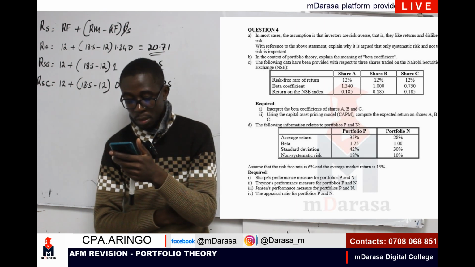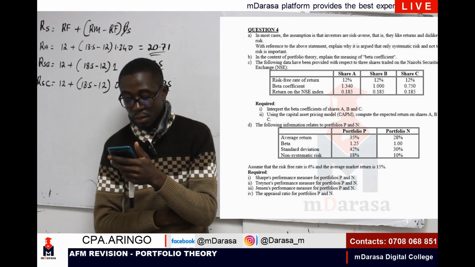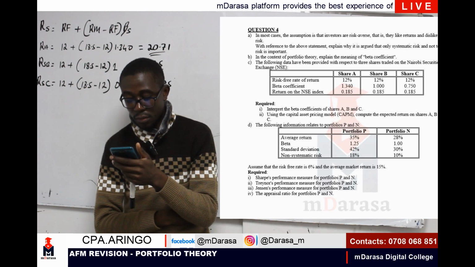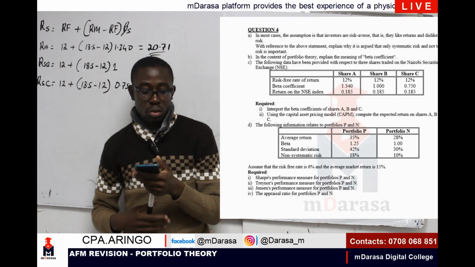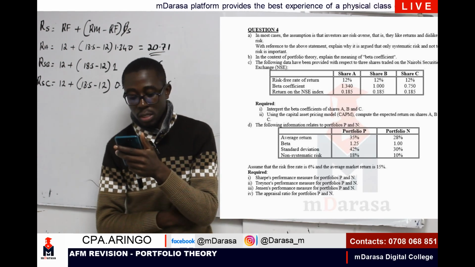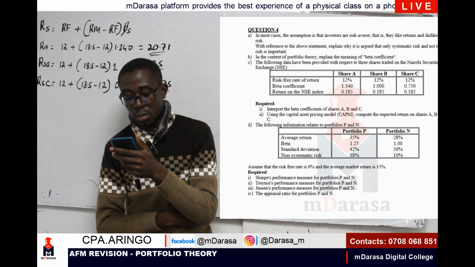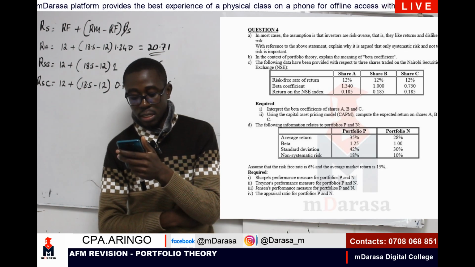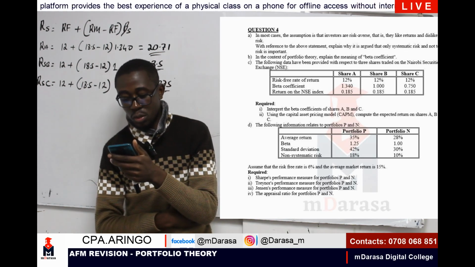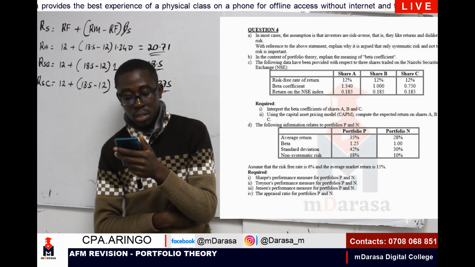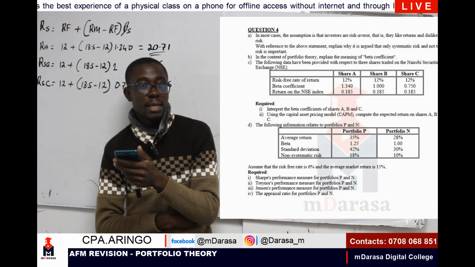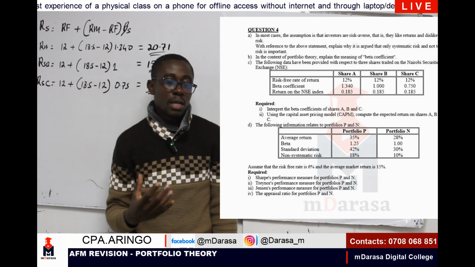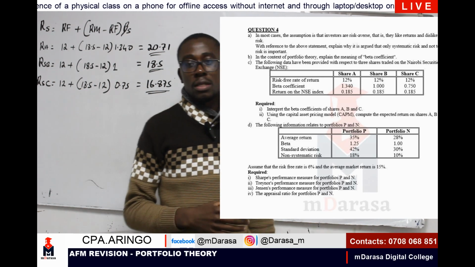Required: compute Sharpe's performance measures for portfolios P and N, Traynor's performance measures for portfolios P and N, Jensen performance measure for portfolios P and N, as well as the appraisal ratio for portfolios P and N. That's what the examiner wants us to determine.